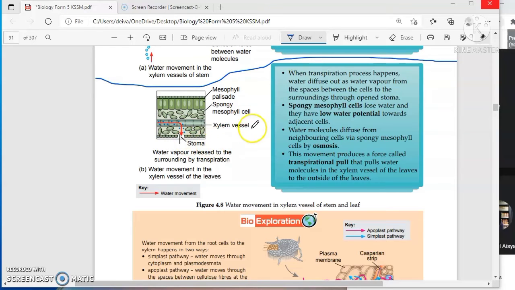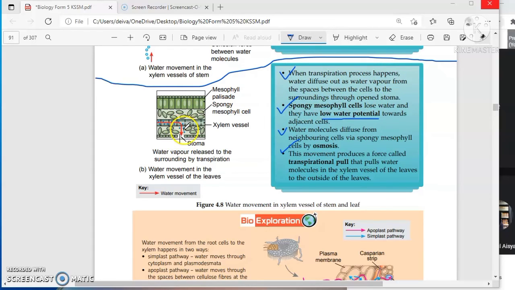Okay, we can see here all this is important. During transpiration, water molecules will diffuse out through the stomata, through the stoma, to the spaces between the cells.